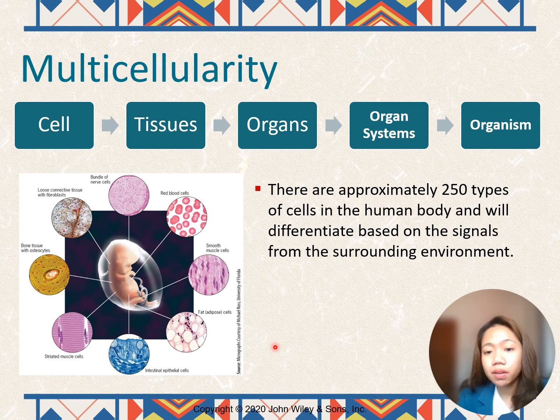In the human body alone, there are 250 types of cells already, and not even all cells have been recognized or even discovered as of yet. But all of these 250 types have unique structures, unique characteristics, and unique roles in the human body. That's how complex eukaryotes became.